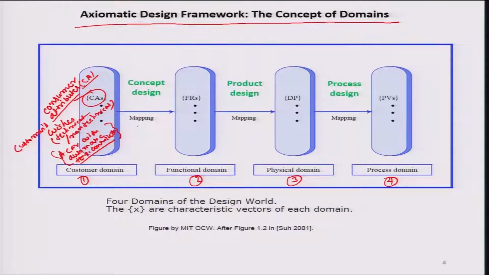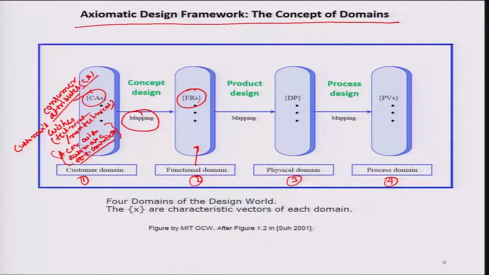Then what you will have to do, first, is map it into a functional requirement. That is called the functional domain. What does a functional requirement do in the functional domain? It is a minimum set of independent requirements that completely characterize the functional needs of the product.